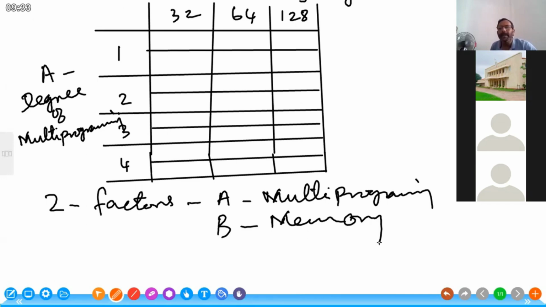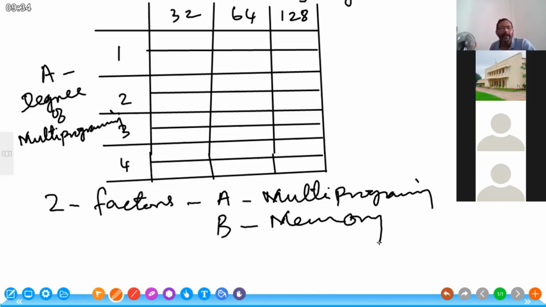These are related to computer programs. For example, when you use a computer, there are different computers with different memory sizes. If the memory increases, the number of multiple programs is generally higher, isn't it?